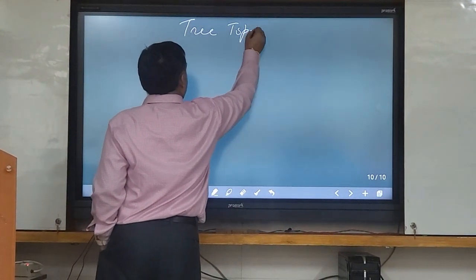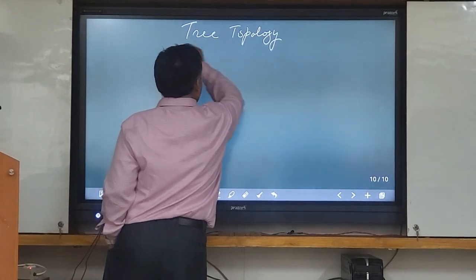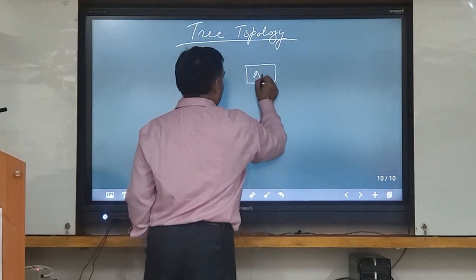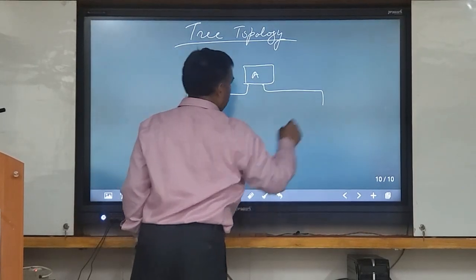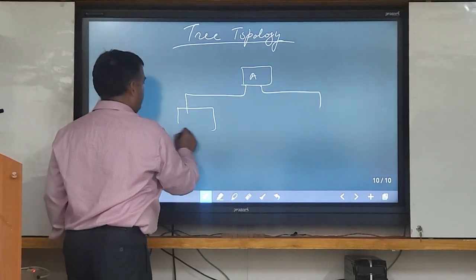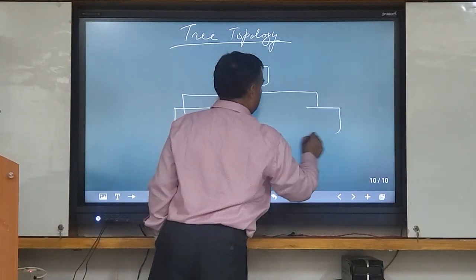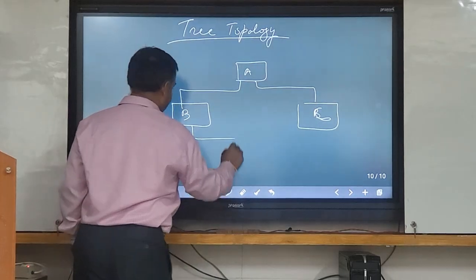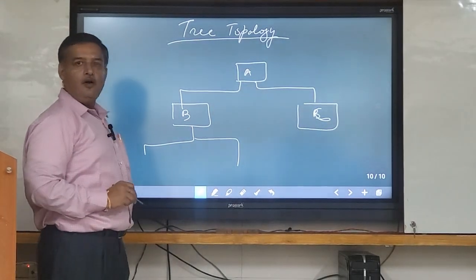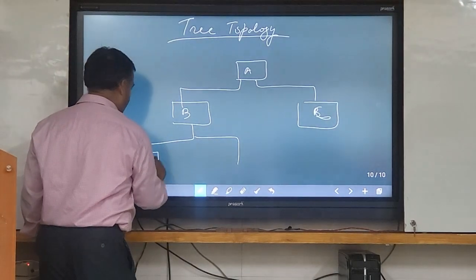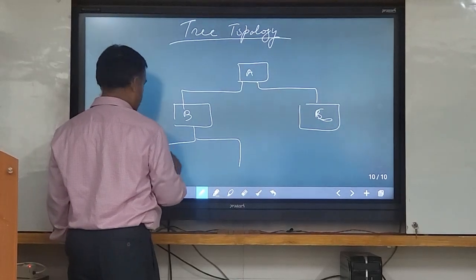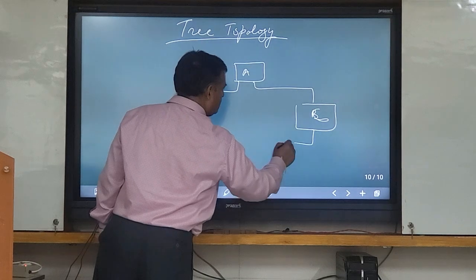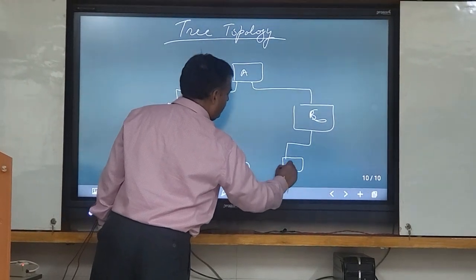Tree means the computers are arranged in the form of a tree. One computer is A, which has two descendants, B and C. Suppose these two computers each have two computers, D and E, and suppose C has only one computer.